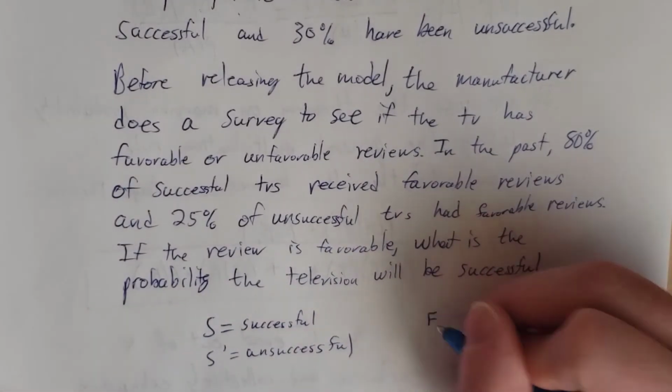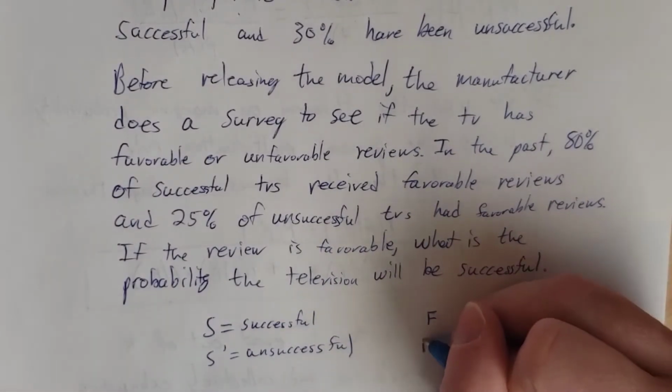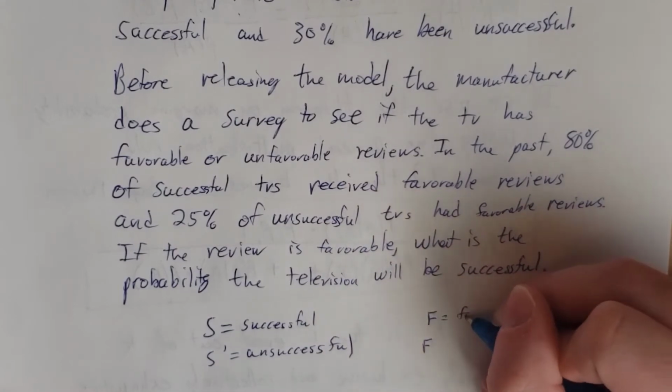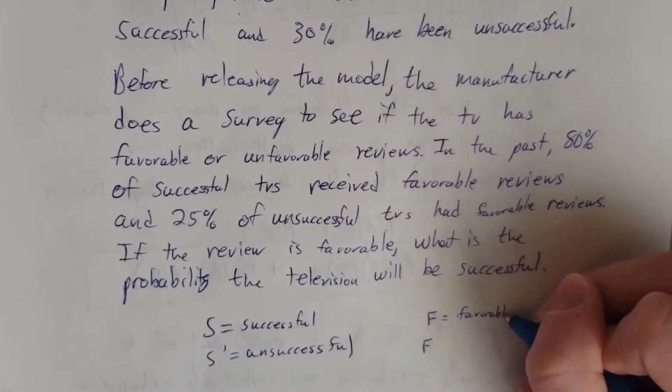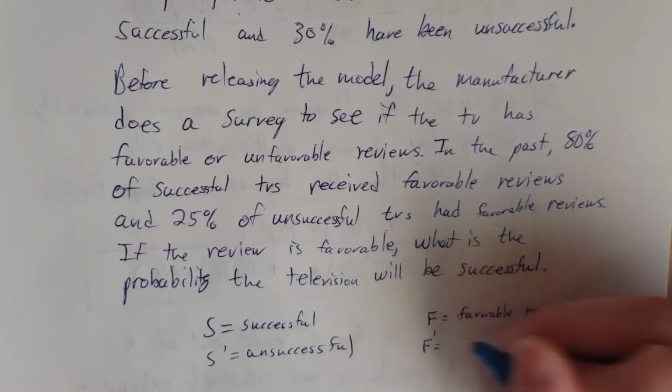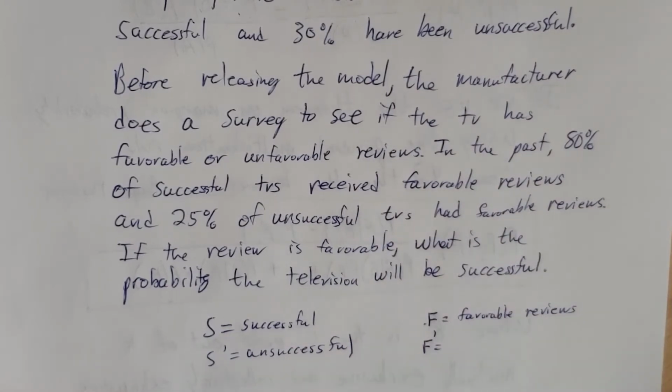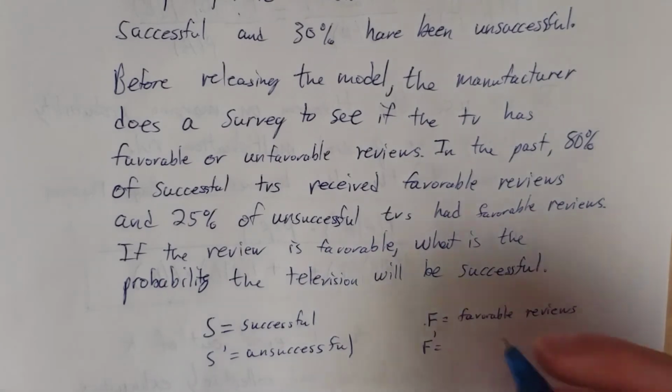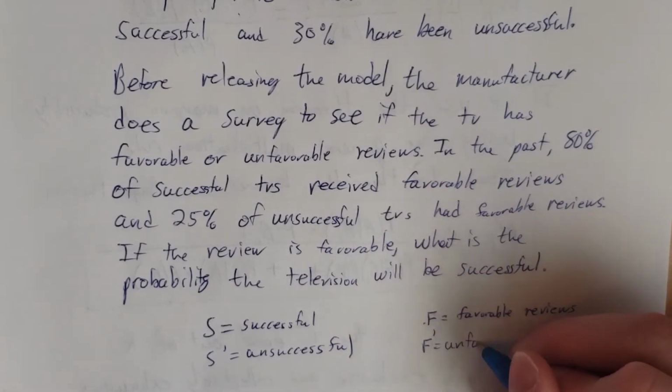And we also talked about favorable and unfavorable reviews. And so we'll let F represent favorable reviews and F prime represent unfavorable reviews.